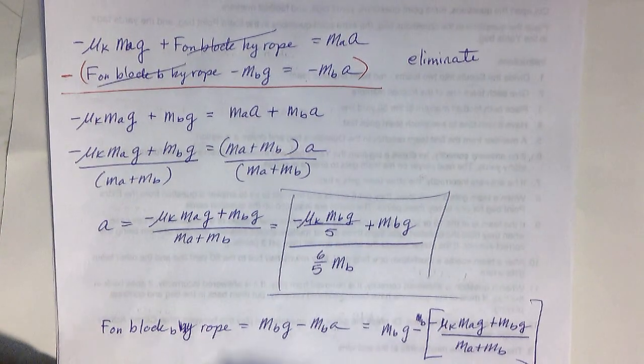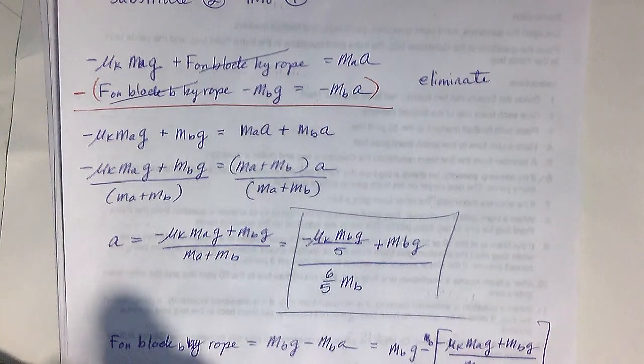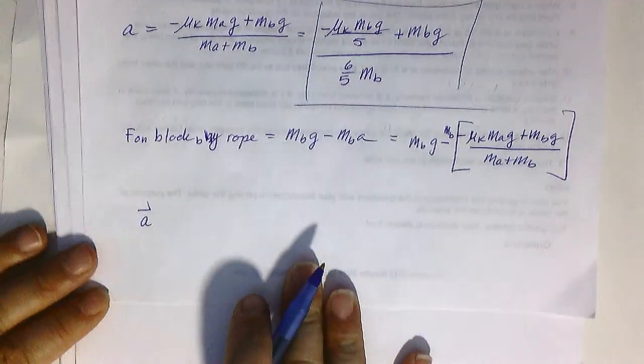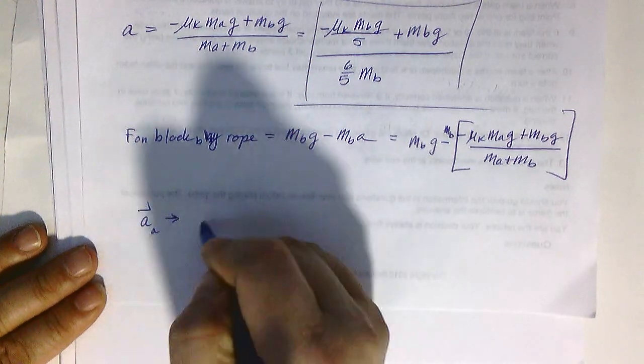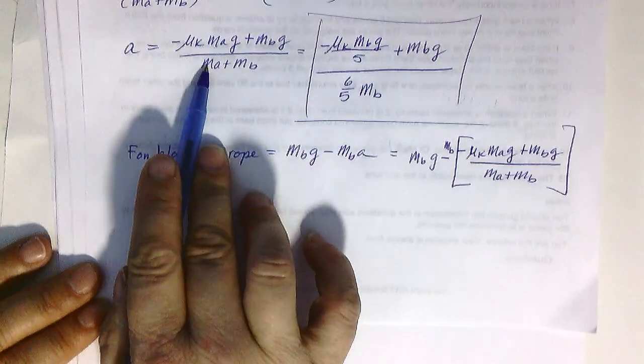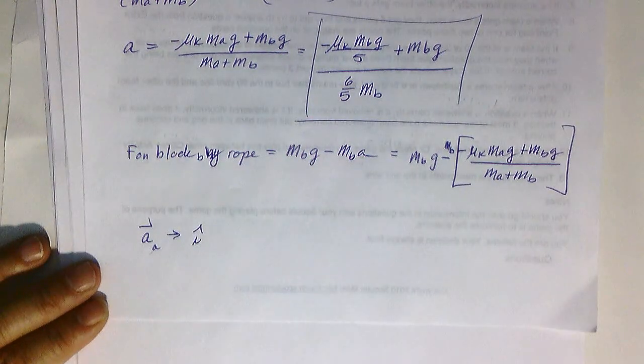Okay, give it a direction. Well, for the acceleration for block A, it's going to be to the right. So we just take this magnitude and we add the direction, which is going to be i hat.